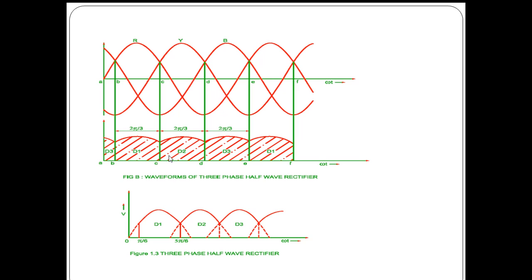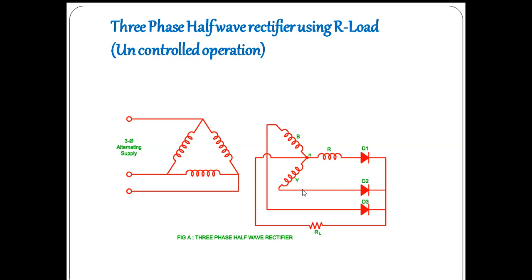So D2 will be in conduction, and this portion of input supply voltage will be available across the output. When the diode D2 is in conduction, the current will flow from phase Y, then diode D2 through load resistance R, and it will go into the neutral terminal of the star connected transformer. So in this closed path, the current will flow.